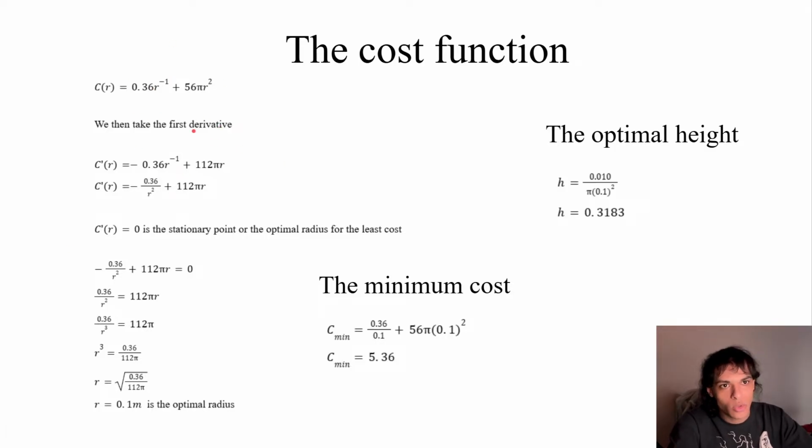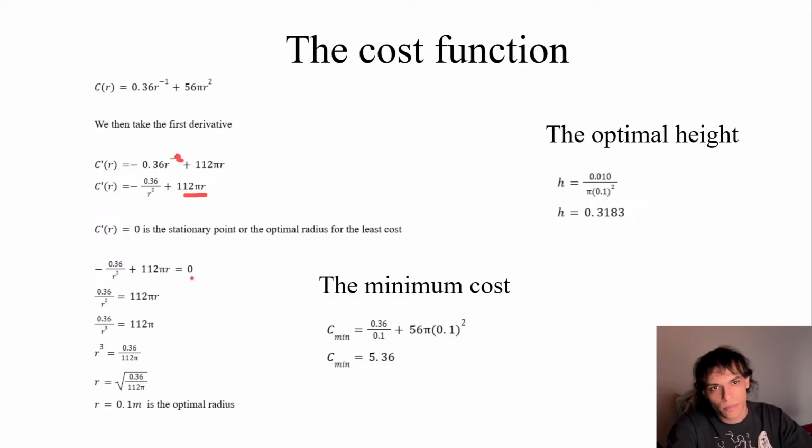We do the derivation, we get this 2 multiplied here, and this should be 2. So this is 0.36 times r to the power of -2, and this is going to be -1 since the -1 goes here. Then we bring it back to its original form, so now it's over r squared, and we got this.